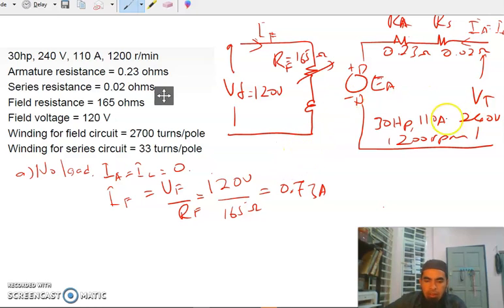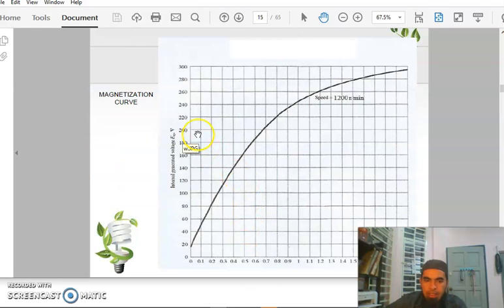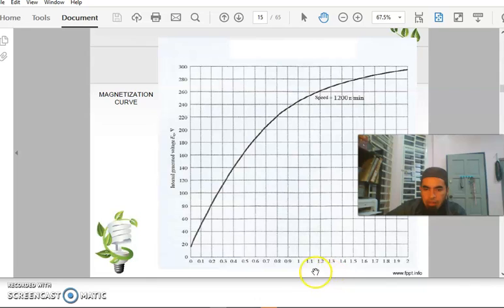Okay, usually the motor comes with a magnetization curve, and this curve comes with the datasheet of your motor usually. So we take a look at this IF here at 0.73, between 0.7 and 0.8.